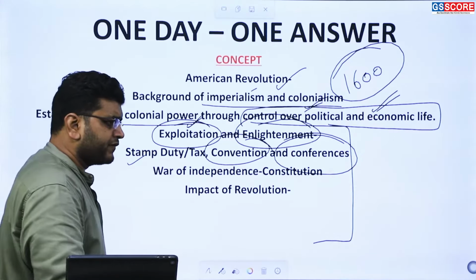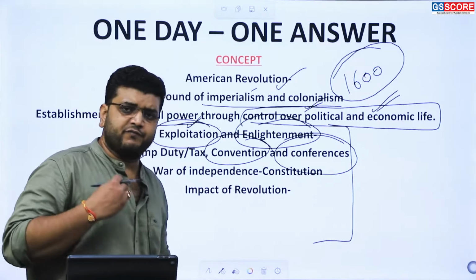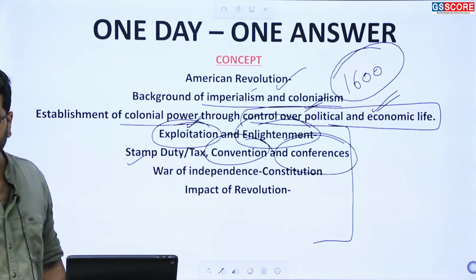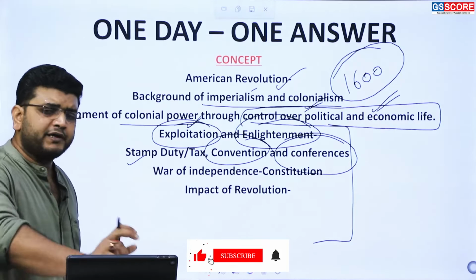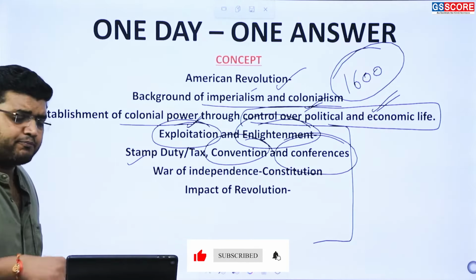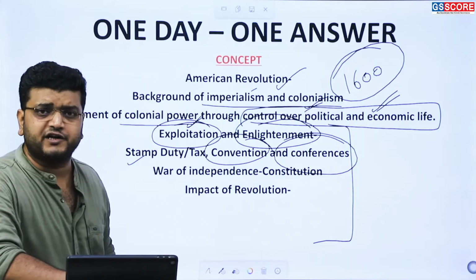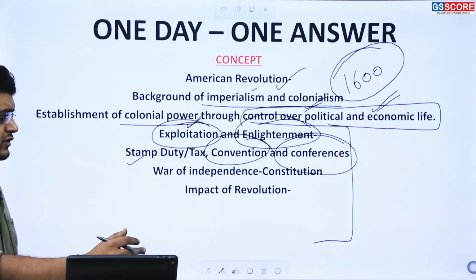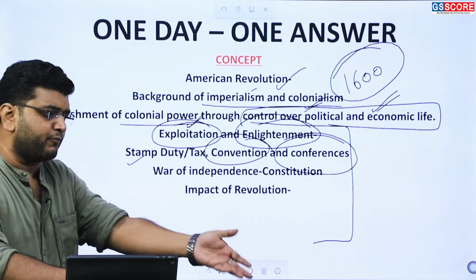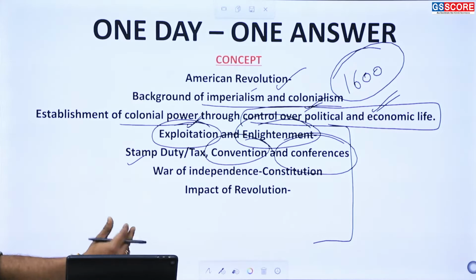British has come up with the new law that the right of taxation is with the British, but we are withdrawing the stamp tax. Then they have permitted the gross import from the ports of America of tea. This was again opposed heavily by dropping the boxes into the sea, known as the Boston Tea Party.